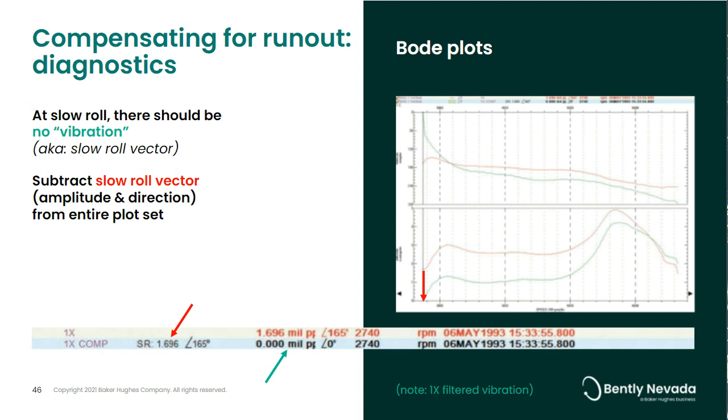However, it's important to note that although a polar plot compensates very nicely, with the whole trace basically shifting to the origin, Bode plots are a little stranger to try and mentally do that shift. So it's helpful to have the software do it for you. The important thing to note is that when you do compensate for the slow roll, there will be a note there of what the slow roll vector was that was used for that compensation.